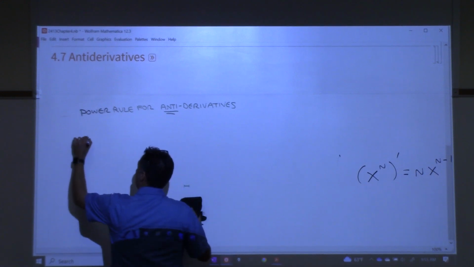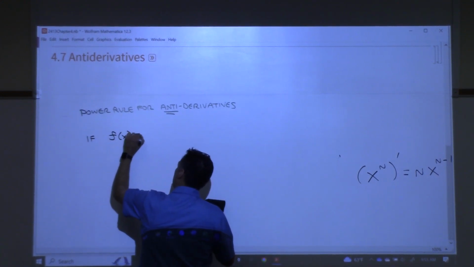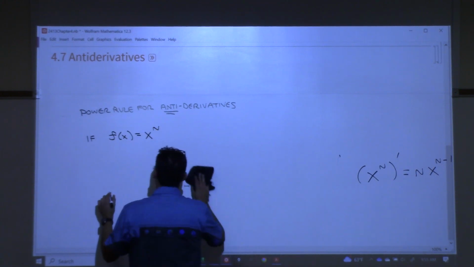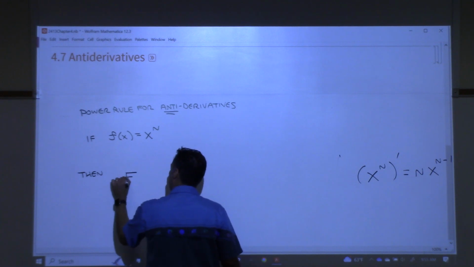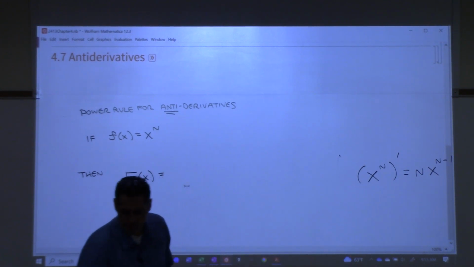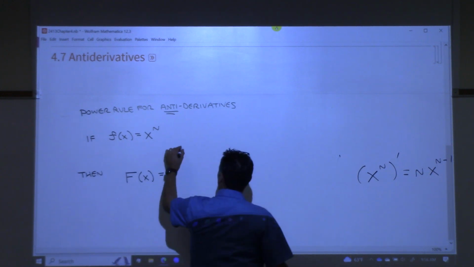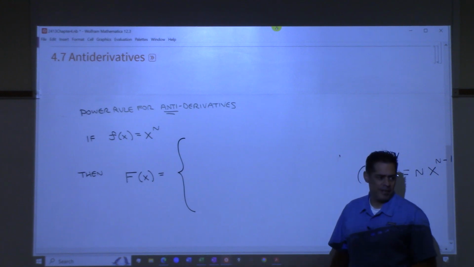So if f of x equals x to the n, then capital F of x equals, now I'm going to put something here, it's going to look strange, but it's what we call a piecewise function.